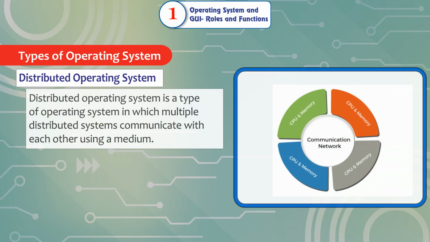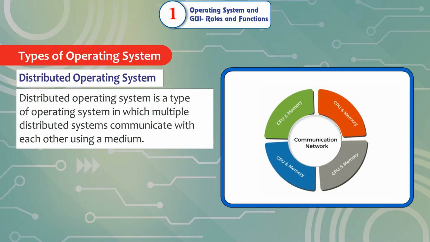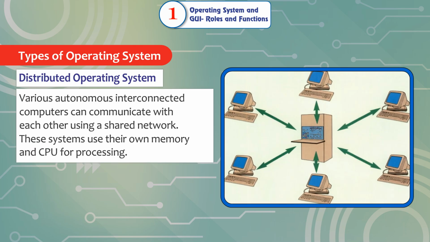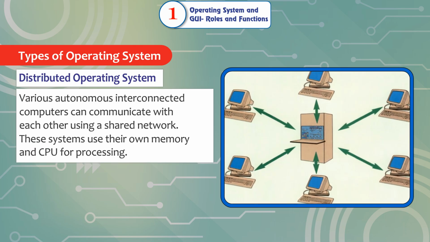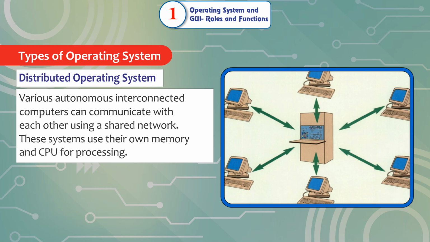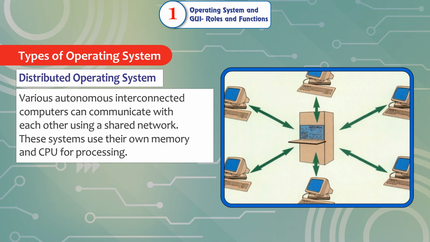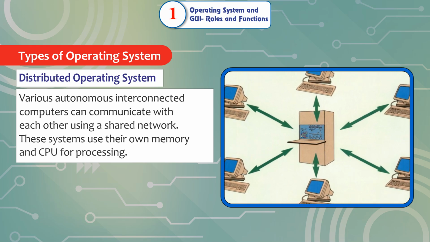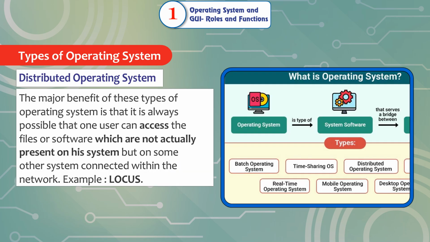Distributed operating system. Distributed operating system is a type of operating system in which multiple distributed systems communicate with each other using a medium. Various autonomous interconnected computers can communicate with each other using a shared network. These systems use their own memory and CPU for processing.